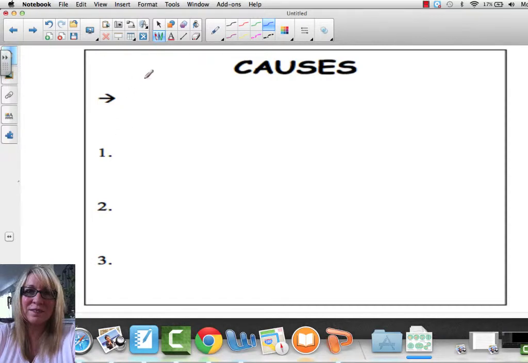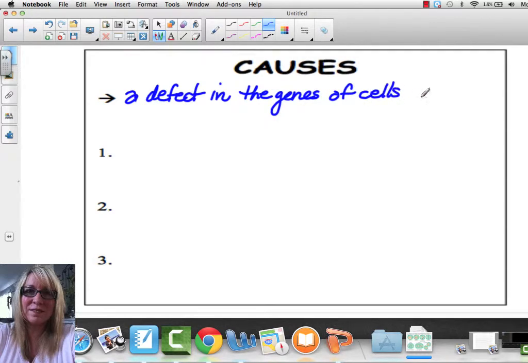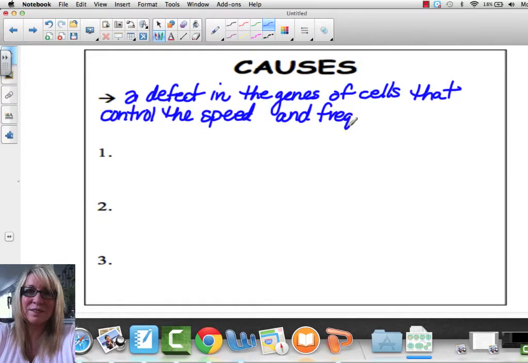First of all, causes. What happens? Well, this cancer causes a defect in the genes of cells that control the speed and frequency of cell reproduction.